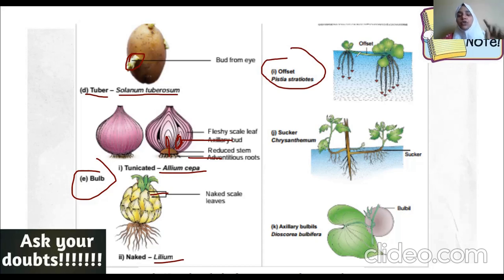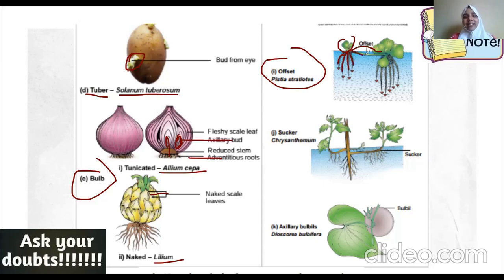Just like we saw now stolon and runner, the branch was coming out on the ground, and then it gets in contact with another ground surface, and a whole new plant develops. Here the offset, it's a water plant, and you have these root-like systems which are growing underwater.